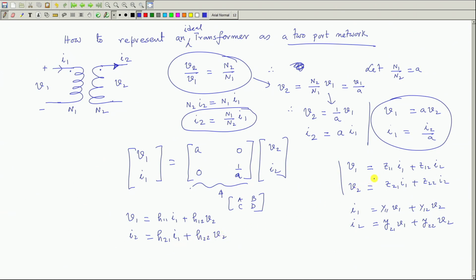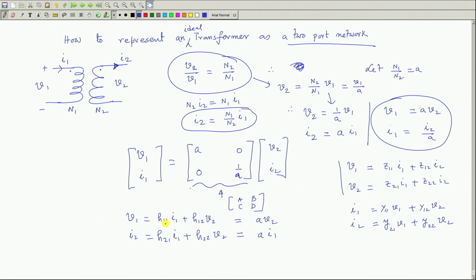The question is, V1 is equal to aV2, so this one looks like there is no I1 term. This is a into V2, is it not? V1 is equal to aV2 and I2 is equal to a into I1. So it looks like it can be written, is it not? Therefore, h parameters exist.